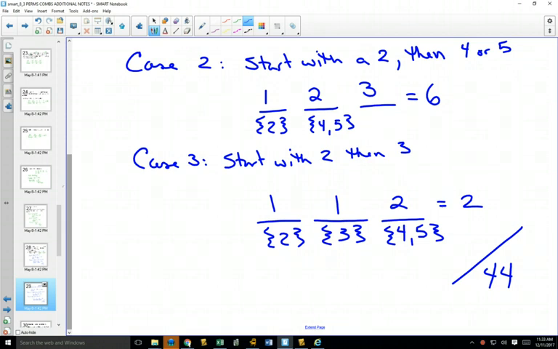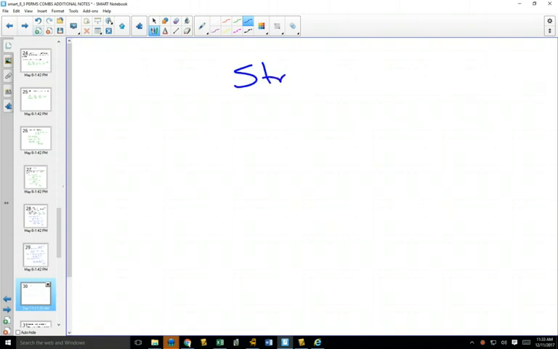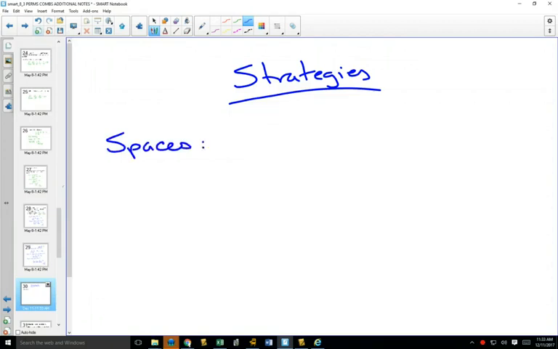So this is the end of our permutations note. If we would summarize all of our strategies to date, we have our spaces, which is the fundamental counting principle.